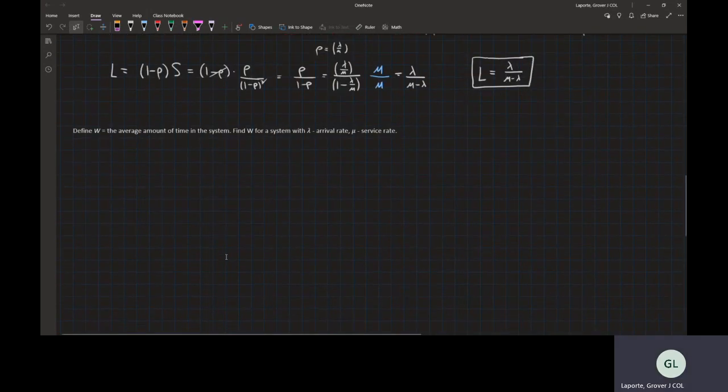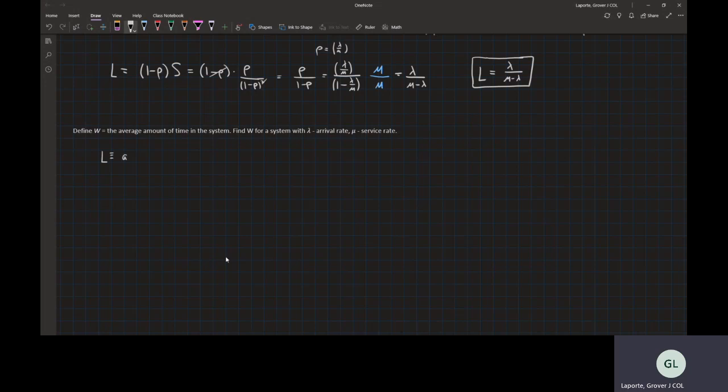The next thing that we want to talk about is not a proof, and I'm not going to do a lot of hard mathematics on this. What we're going to do, though, is talk through the reason why this next equation is true. So let's relist what L is.